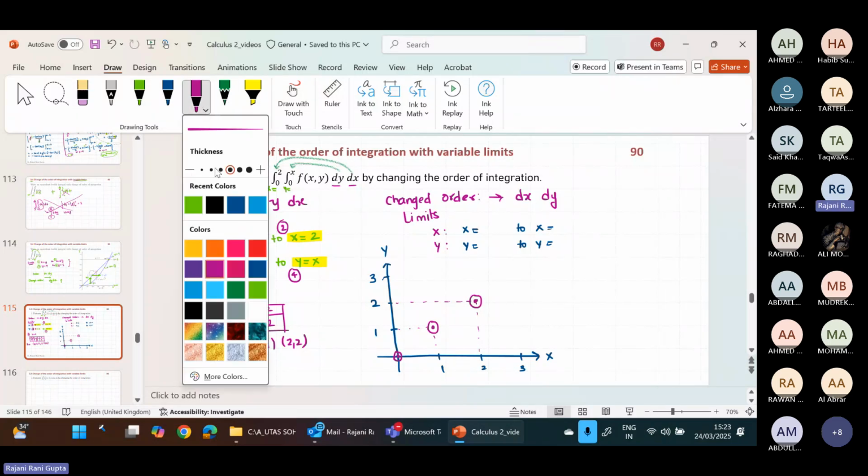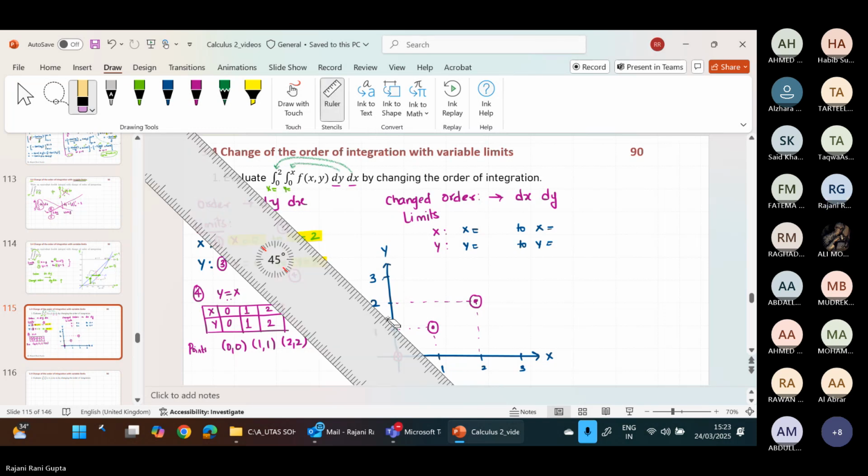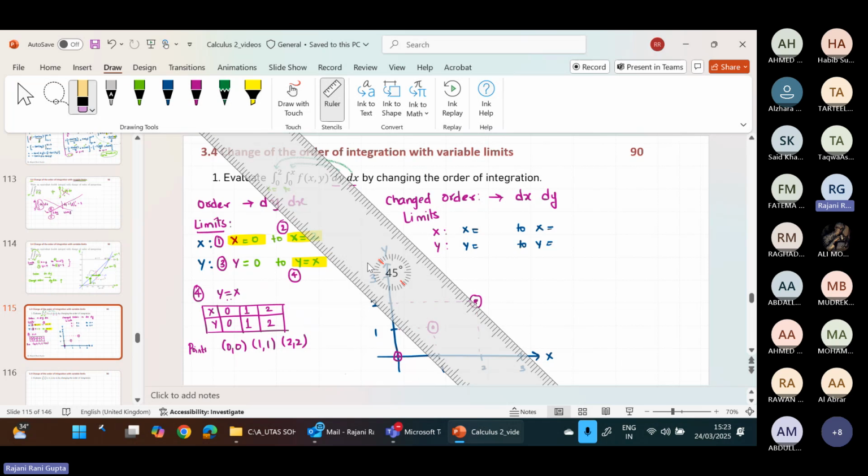Okay, let me use this one. Sorry, this one is creating a problem. I think I can move this ruler.